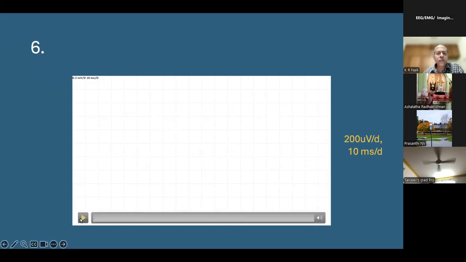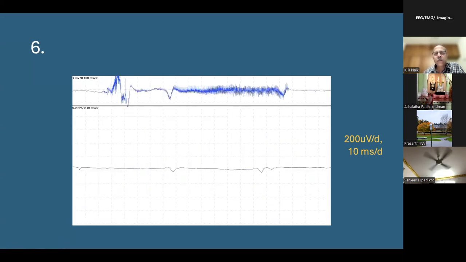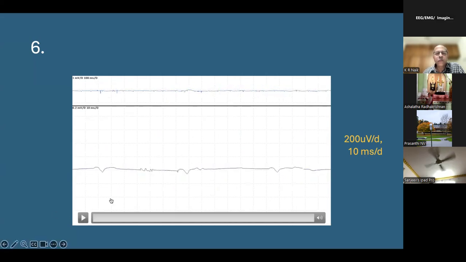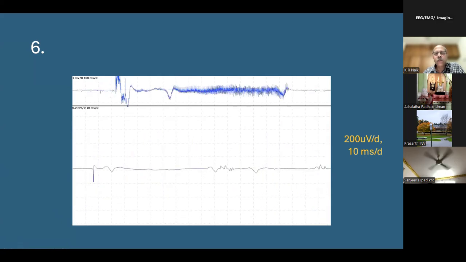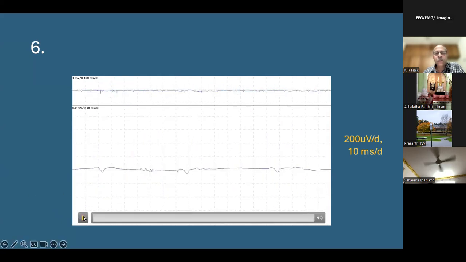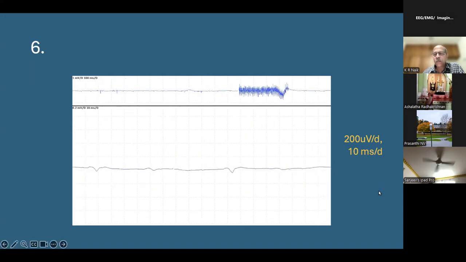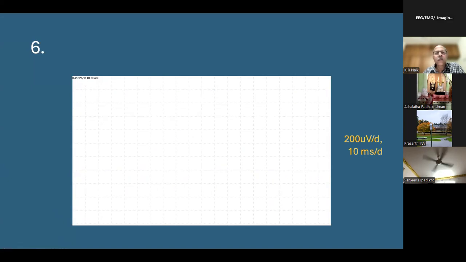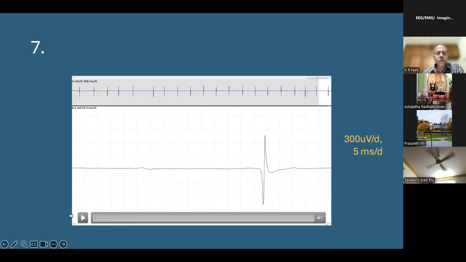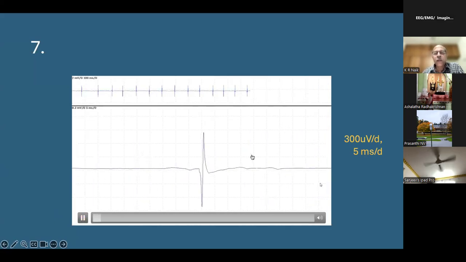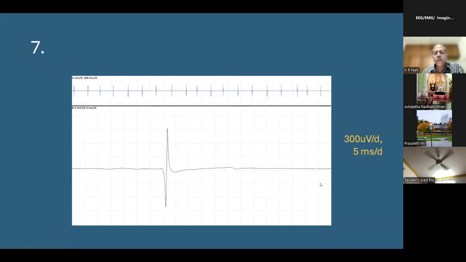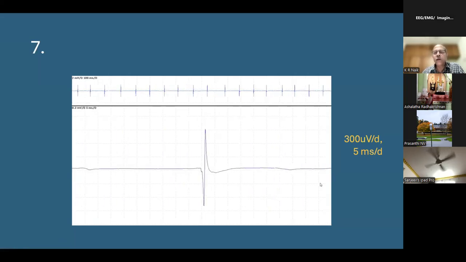Number 6. Great one. So we have to identify what this activity is and say whether this is a normal or abnormal signal.